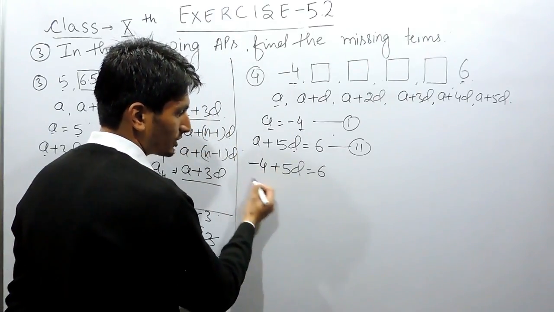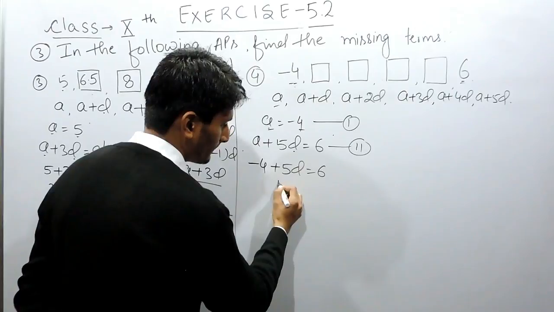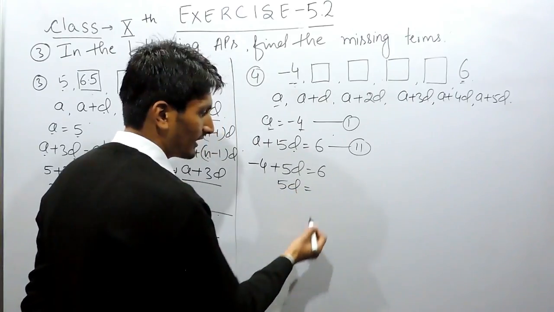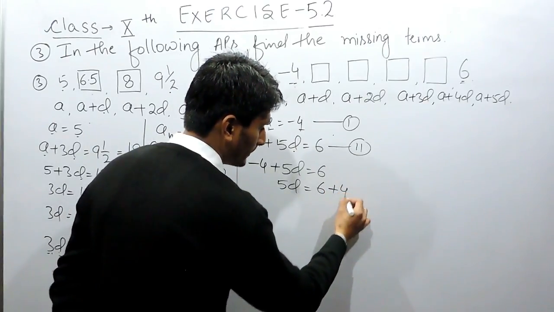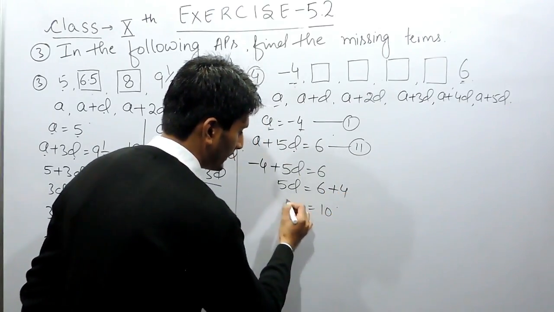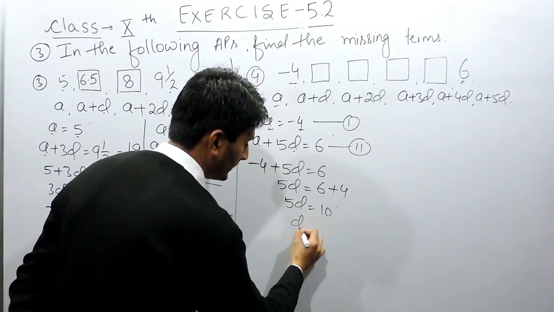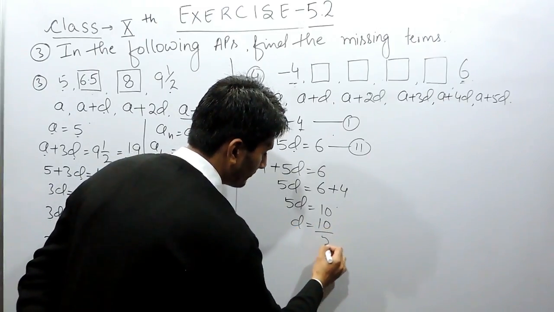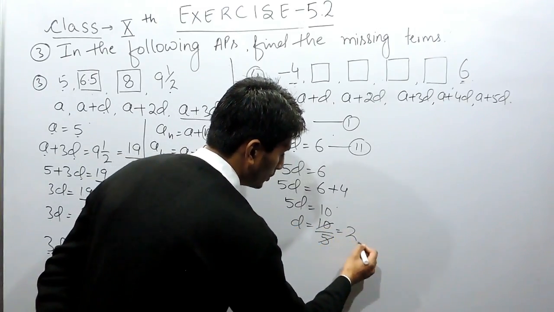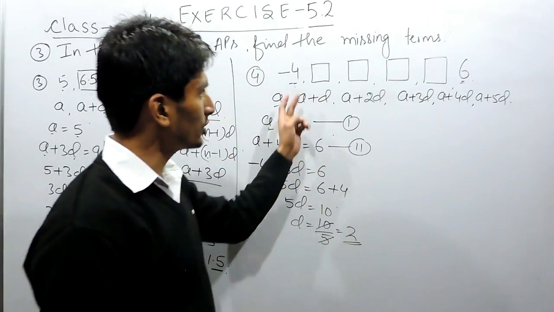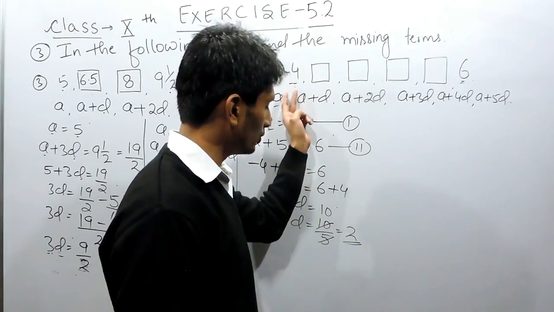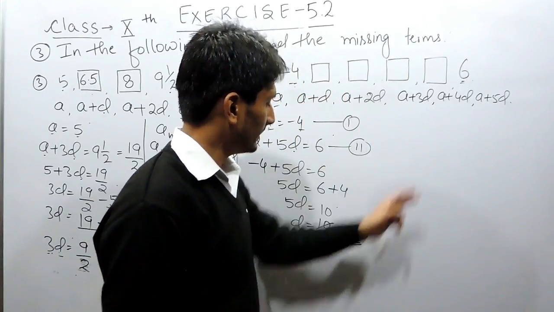Now this is a linear equation. I have to shift this constant to this side. This 5D will remain as it is. 6, this minus, when shifted to that side, will become plus, and this will become 10, and the value of D here will become 10 by 5, which equals 2.